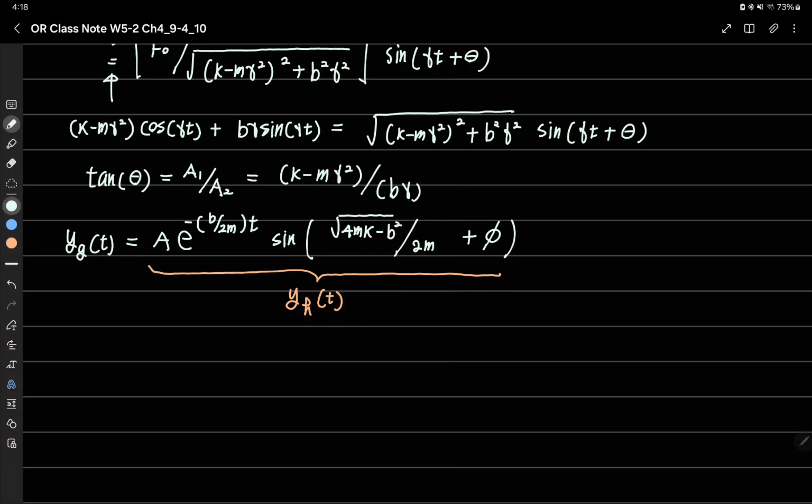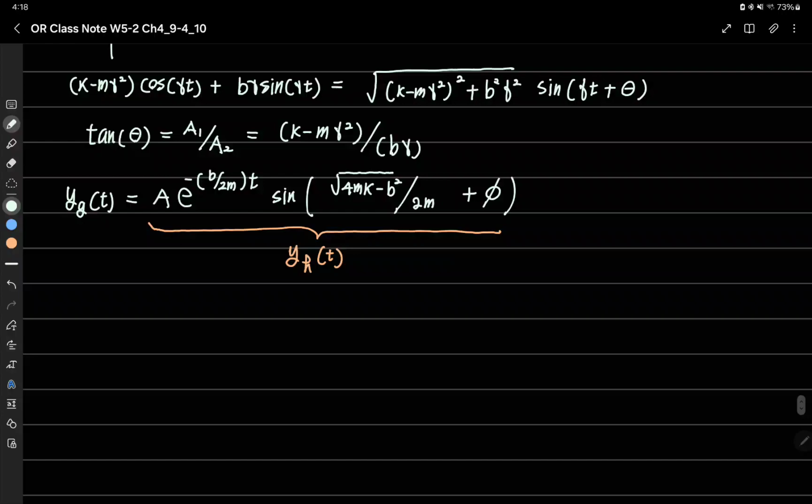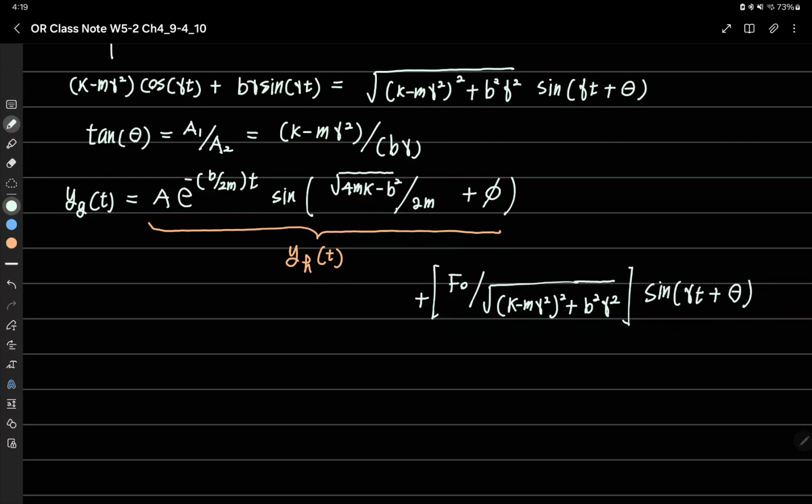Next one is yp, the particular solution to the non-homogeneous equation: F0 over the square root of (k minus m gamma squared) squared plus b squared gamma squared, times sine of gamma t plus theta.